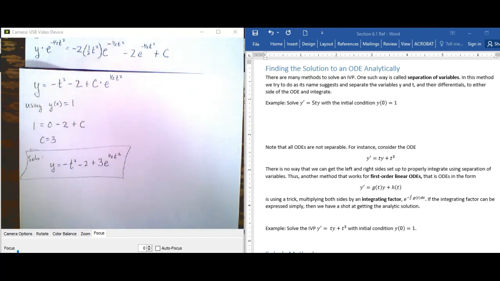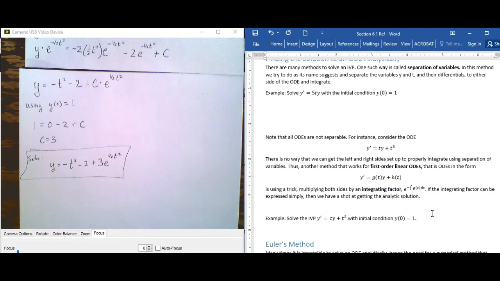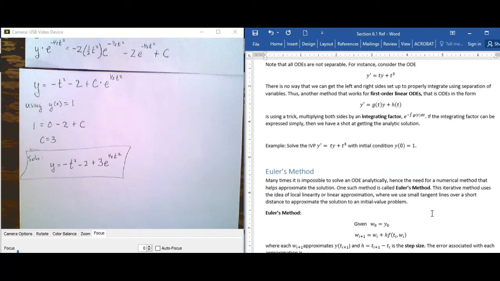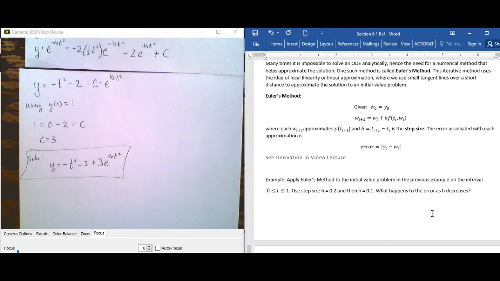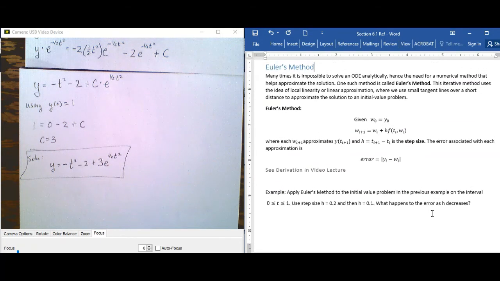But of course, we're going to run into situations where the differential equation has no analytic solution, and we have to use approximating techniques. The most simple is called Euler's method. Okay. So again, many times it's impossible to solve an ODE analytically, so we need a numerical approximating tool to do so.